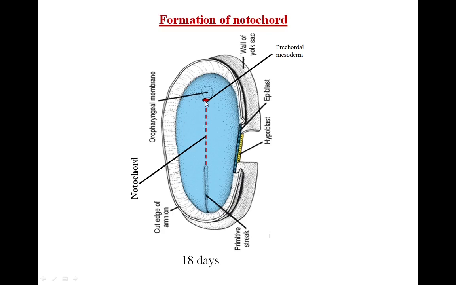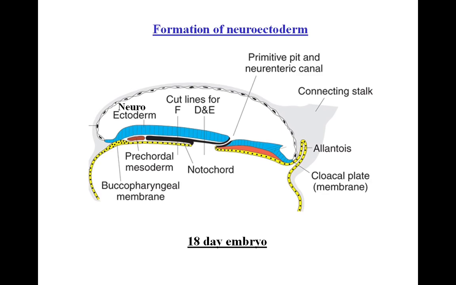In front of the notochord, between the notochord and the buccopharyngeal membrane, there is a part of the mesoderm known as the precordal mesoderm, from where the heart will be developed. So that is how the notochord is formed. After that, this is the sagittal section. Here you can see the primitive streak, and this is the primitive pit.